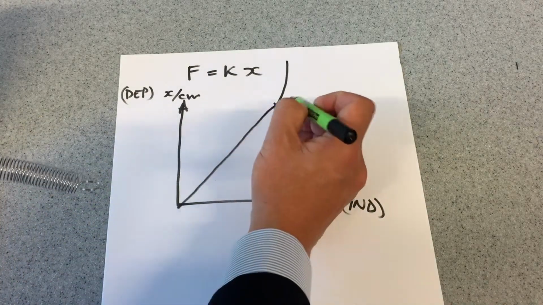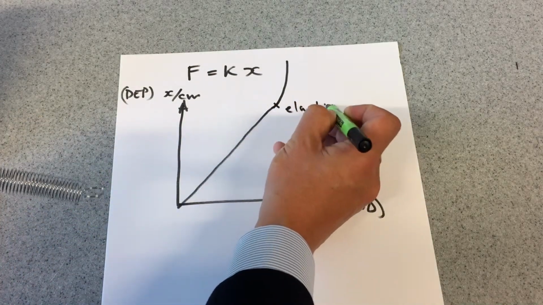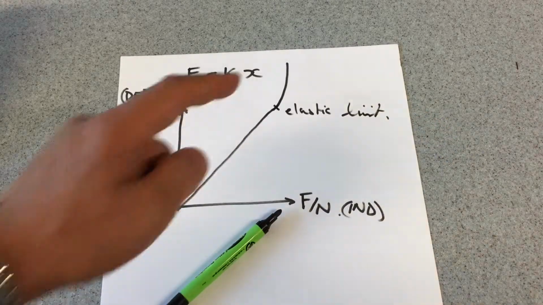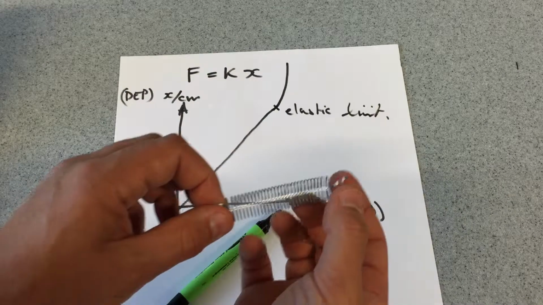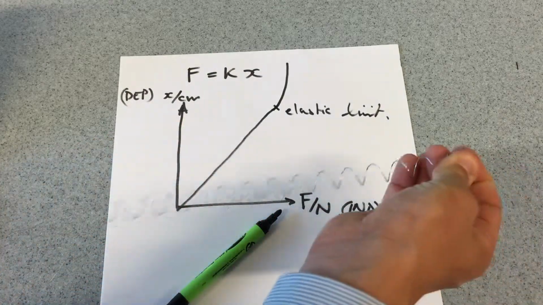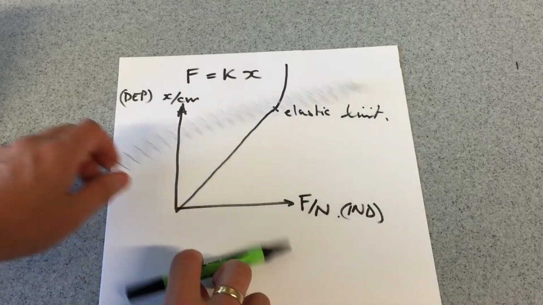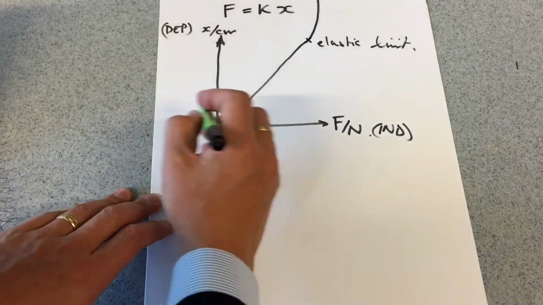So this is the elastic limit. And you might find that if you load the spring enough. If you keep loading it, it will have permanent deformation. Okay, so that's for a spring.